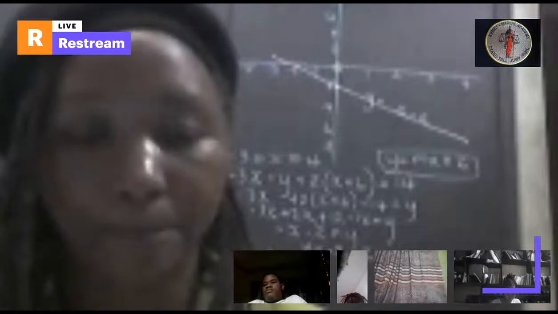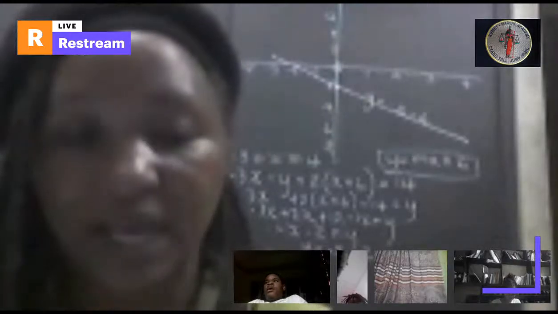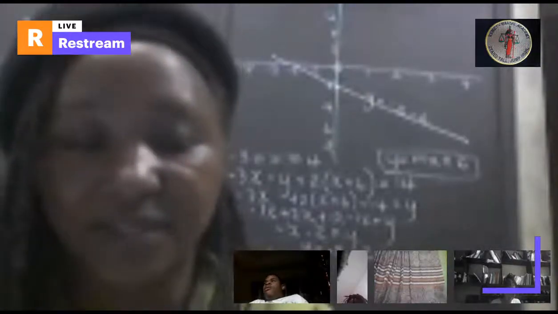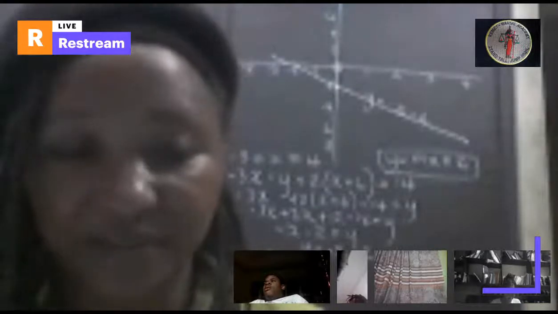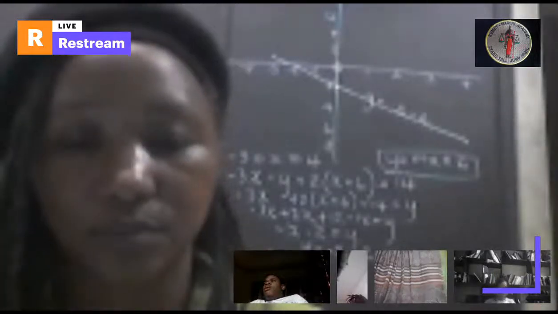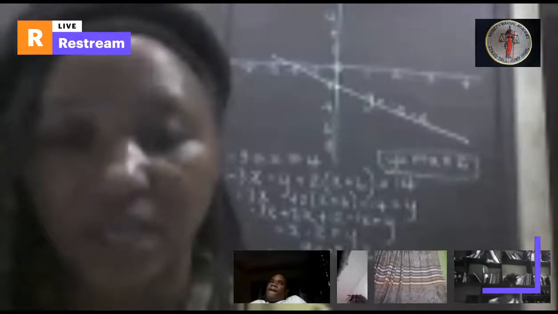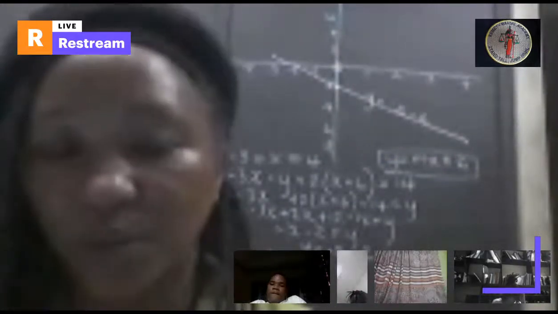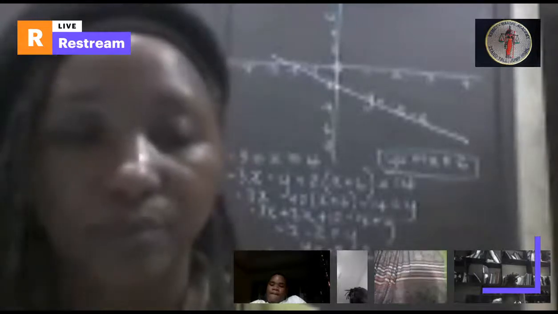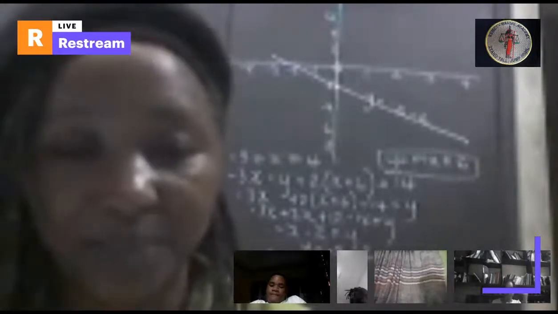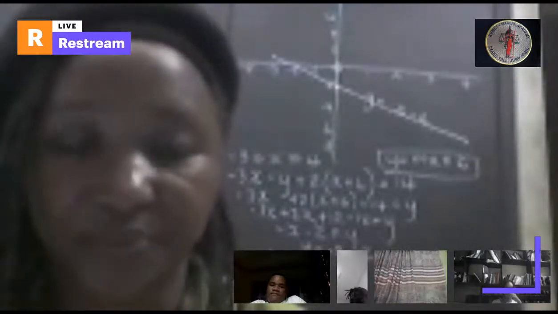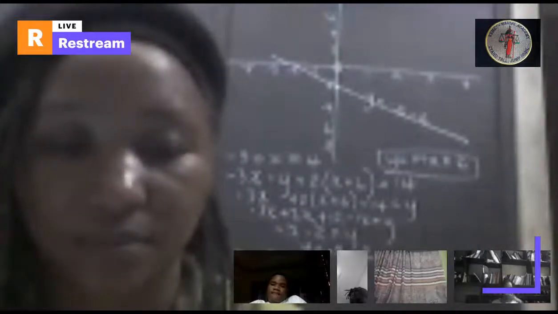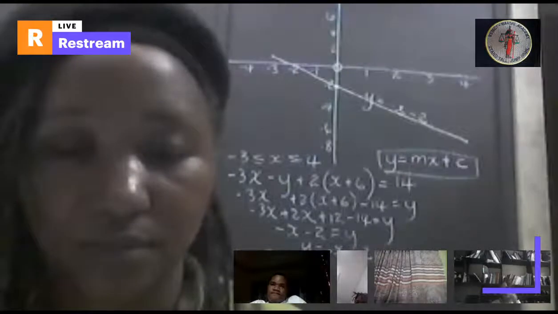To the left. And if the x coefficient is positive, the line is oriented to the right. What else can we know about the line other than y-intercept and orientation?